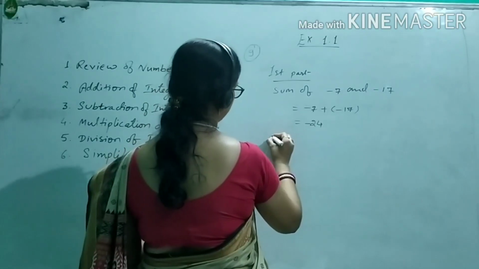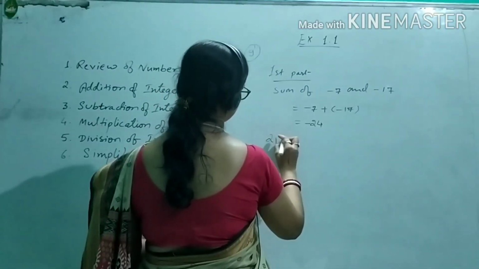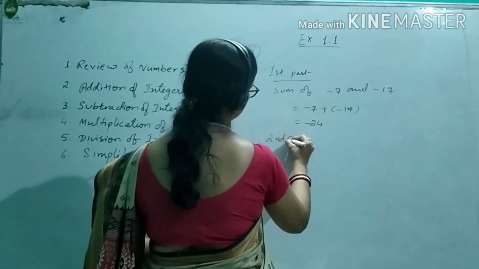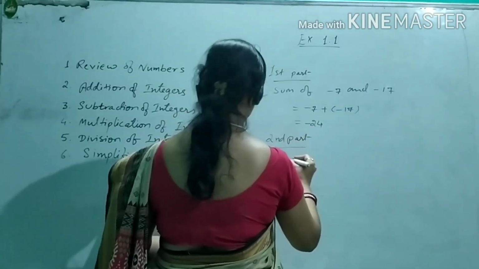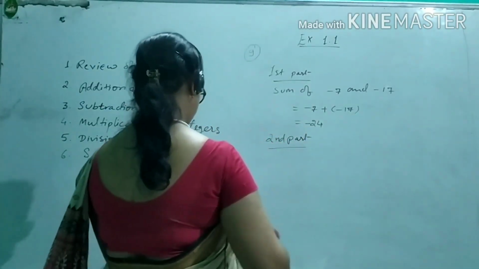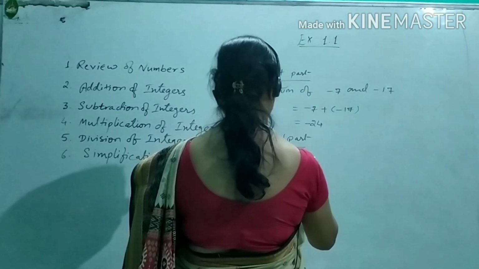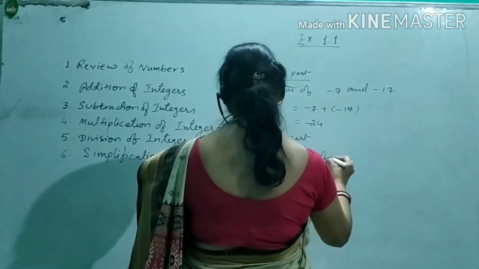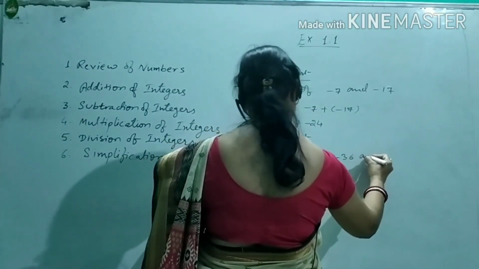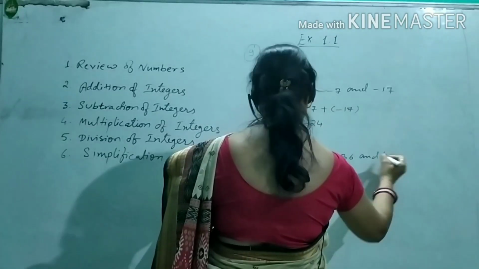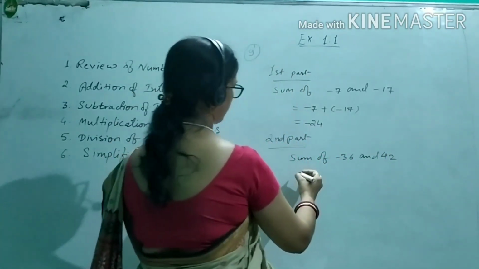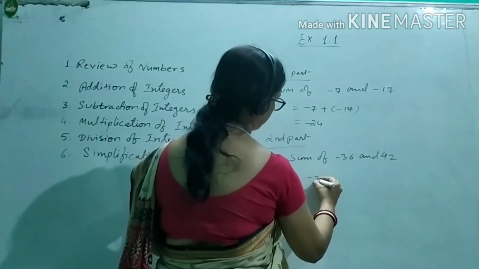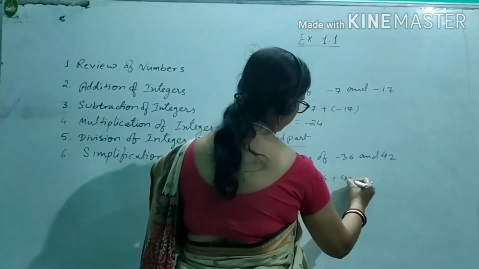Then coming to the second part, sum of minus 36 and 42. So minus 36 plus 42.